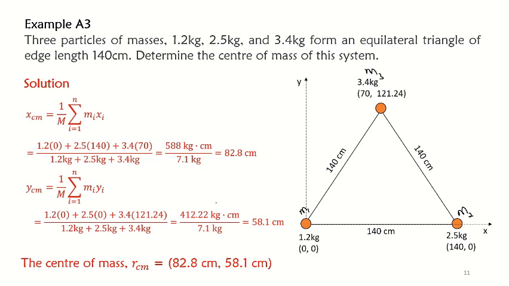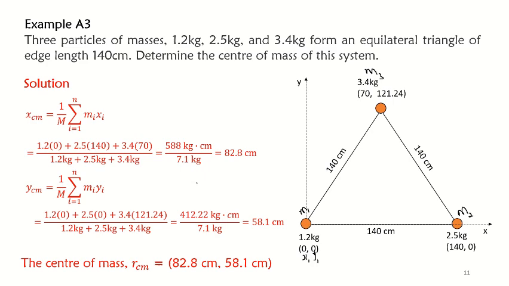Okay? So to obtain x1, we know m1, we know m2, we know m3. But to get our x1, the position of m1 is at this point, the 0, 0 position. Okay? The origin. So x1 for m1 will be 0, y1 will be 0.